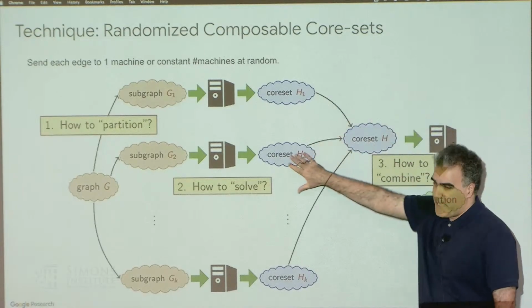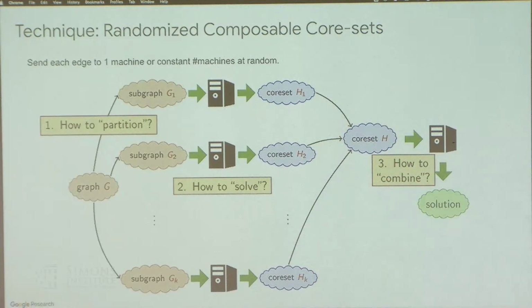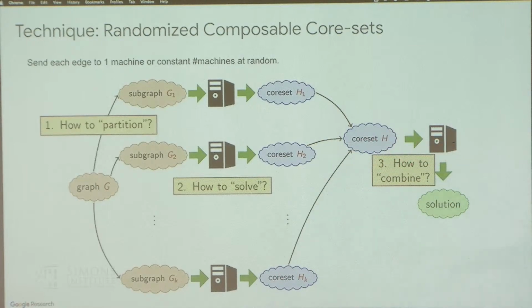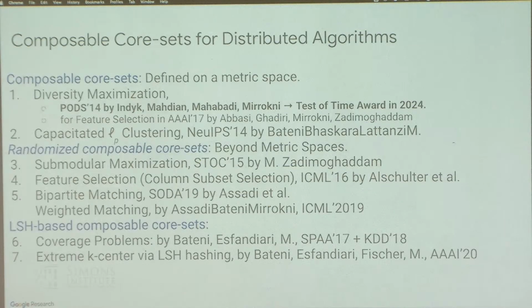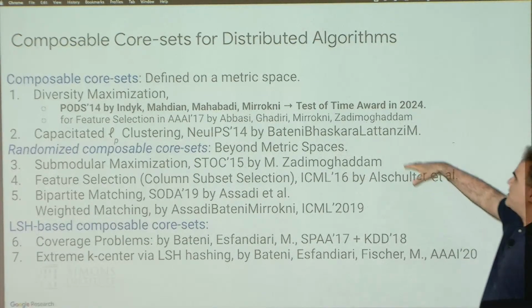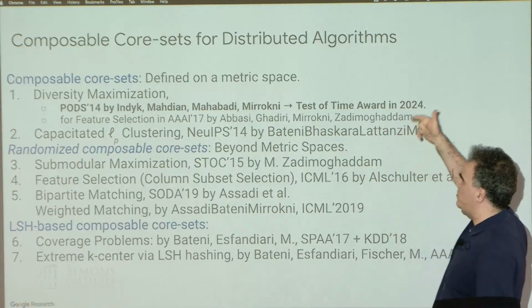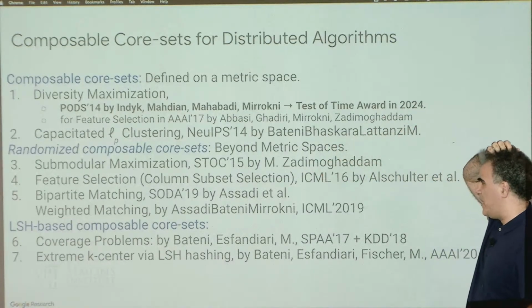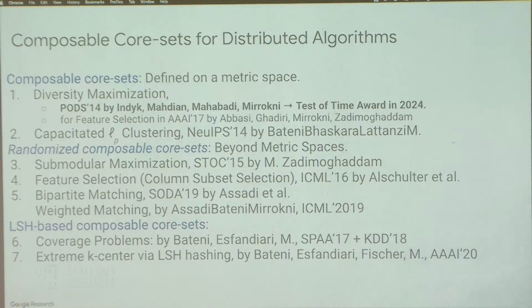One technique that has been useful for us is what we call randomized composable coresets, to distribute the data in a way that we can solve the problem separately on each machine and then find the coreset on each and then solve on the union of coresets. That has become useful starting from this paper from PODS with Sepideh, Piotr, and Mohammad, and then moving to what we call randomized composable coresets, and more recently what we call LSH-based composable coresets that also divide the data very fast, but using an LSH technique or a sketching technique to decide where we send each piece of data.